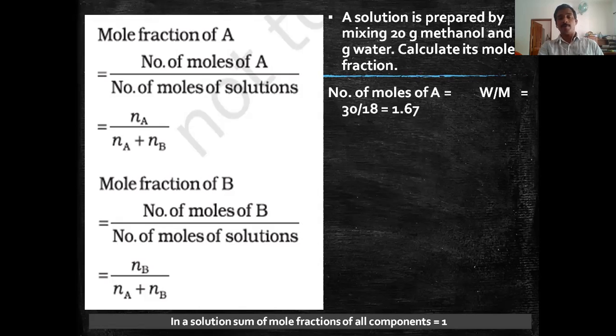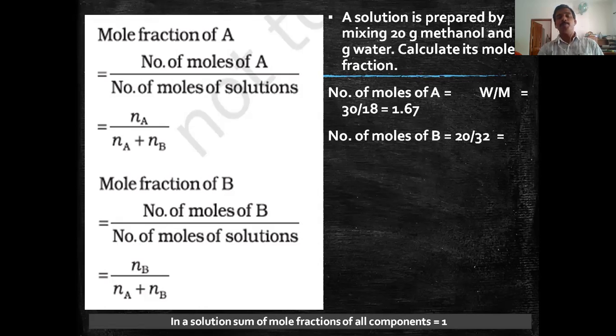First we can see mole fraction of component A. A usually represents solvent. Which is the solvent here? Water. Number of moles of A is equal to W by M, given mass divided by molecular mass. What is mass of water? 30. 30 divided by molecular mass, 18, equal to 1.67.